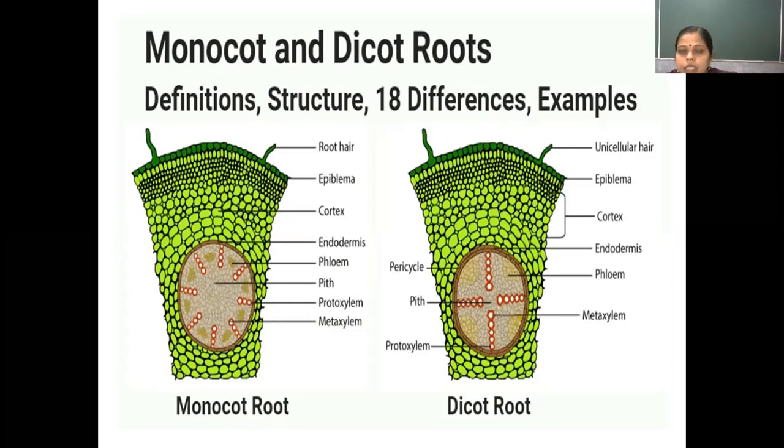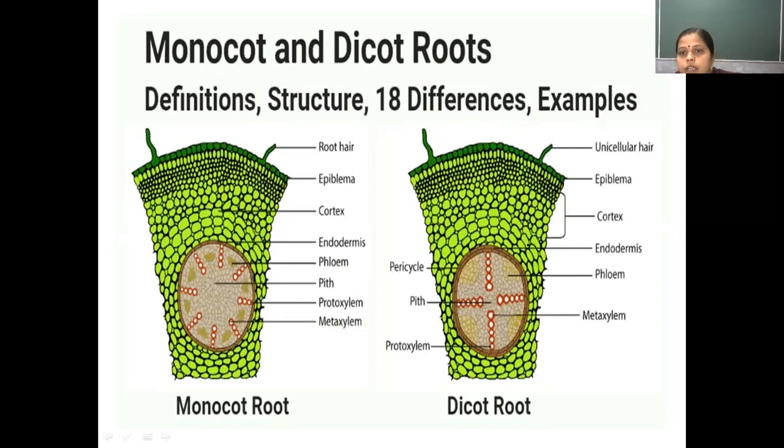Epidermis, epidermal cells. These are made up of a single layer of barrel-shaped cells. So here and there we can see the formation of a unicellular hair, which protrudes as an extension of the epidermal cells. Okay, next to the epidermal cells, we can see the formation of cells called as what? Parenchymatous cells. That layer of cells is called cortex.